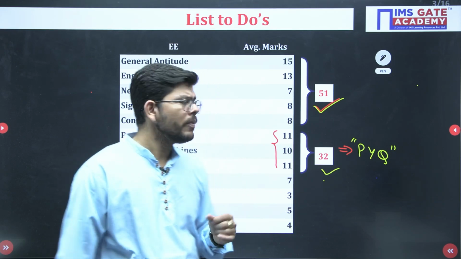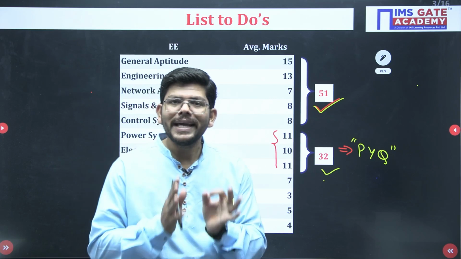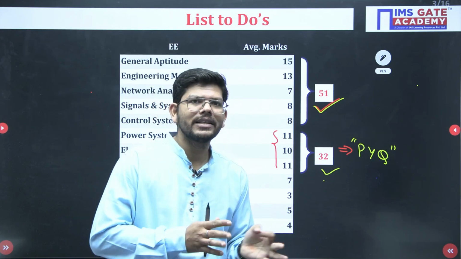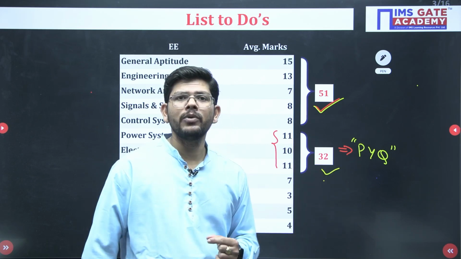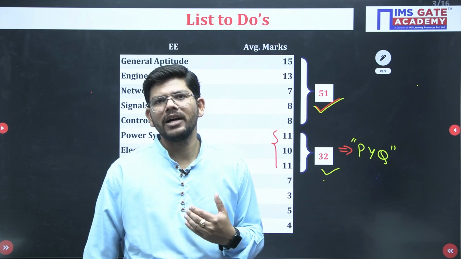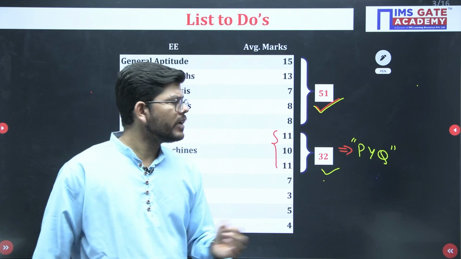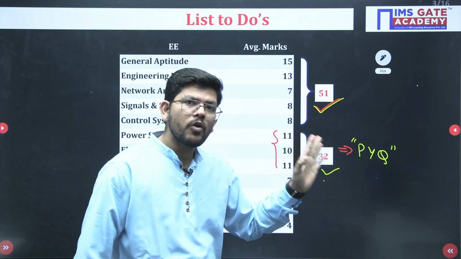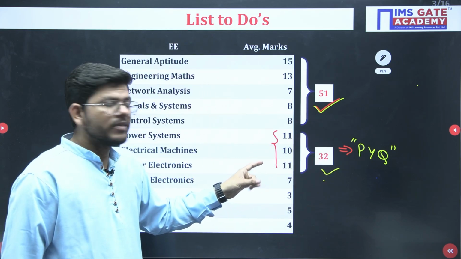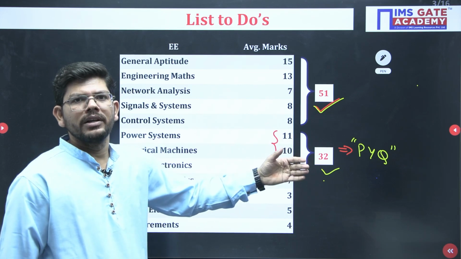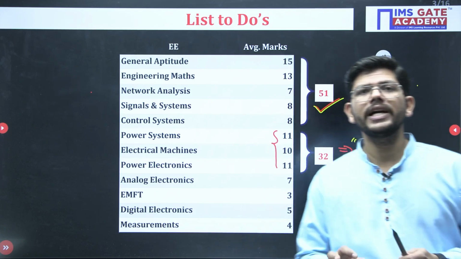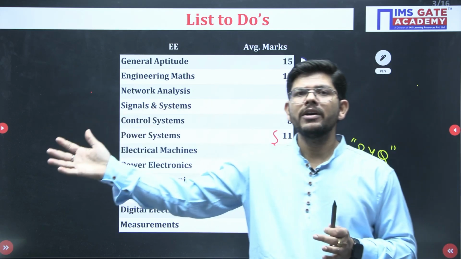So you should focus more on the important subjects, and important topics inside the subjects as well. PYQs will help you with the latest trend, what type of questions the GATE authorities are asking nowadays. You will get an insight into this while solving the PYQs. So focus more on those topics from the core subjects which are being asked regularly.